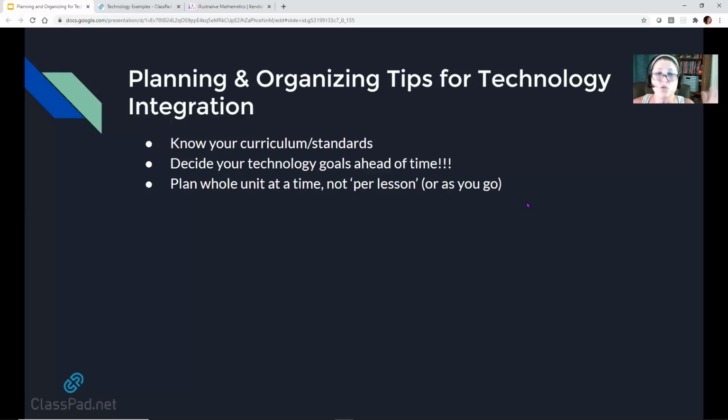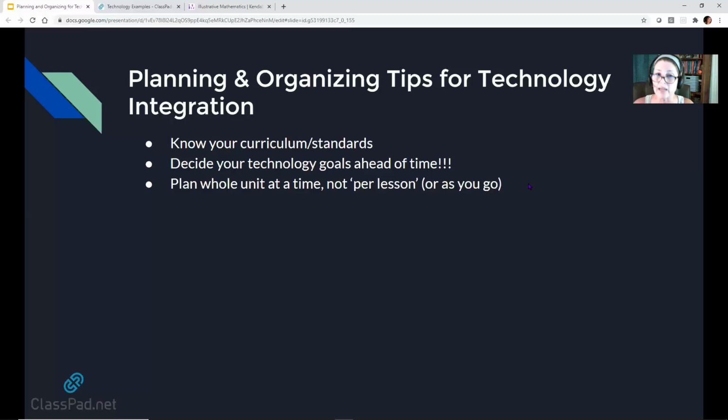Once you've decided your goal, this right here is really important. Don't think about integration of technology lesson by lesson. Look at the whole unit first and decide where technology makes sense before you then go find a lesson to fit. A lot of teachers fail because they think, oh, I want to use technology tomorrow, and they go find a lesson and it doesn't work because they didn't plan ahead for it.